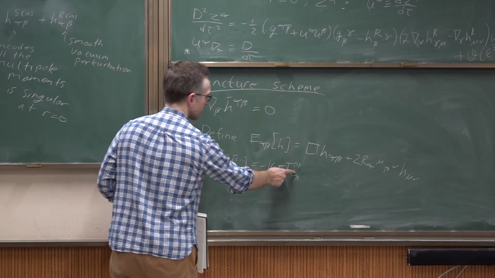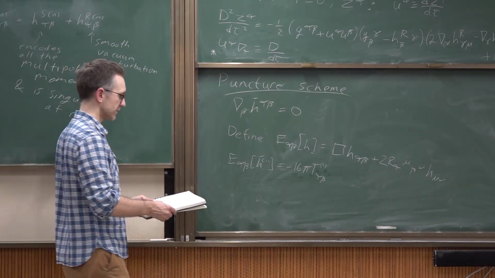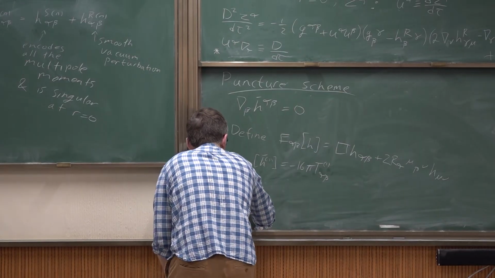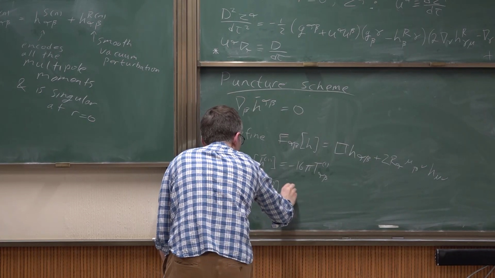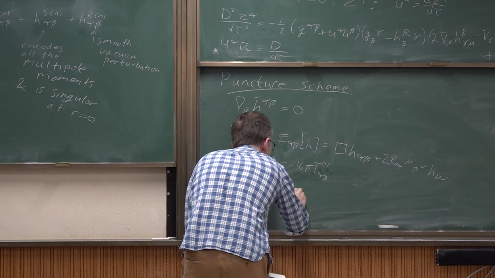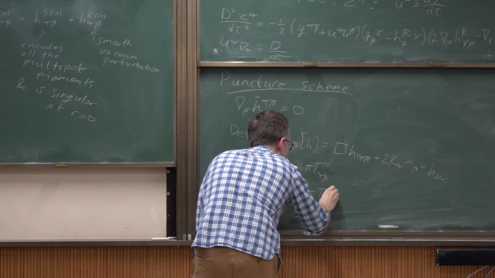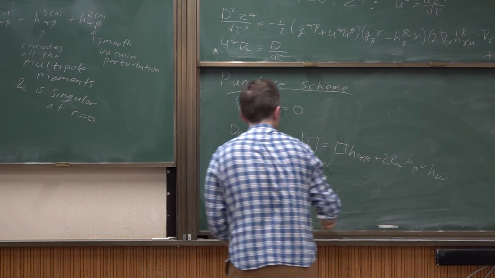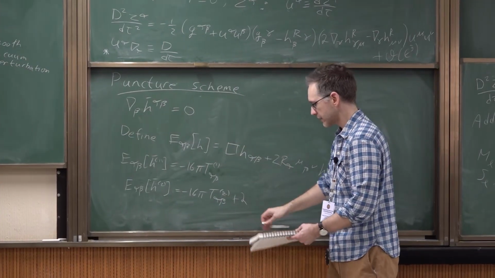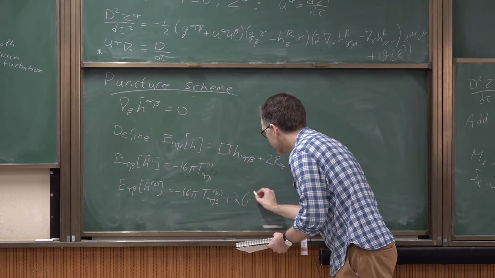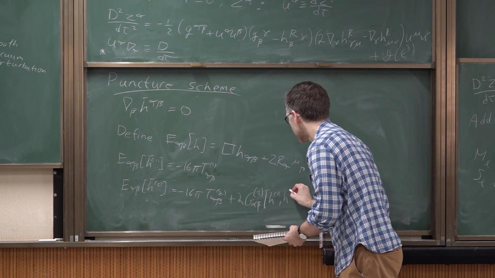So this is now a point particle in the background metric, not the effective metric. That's what T1 is. And then we've got a second order equation. The box of h bar 2 is minus 16 pi T2 alpha beta plus the quadratic term, which because of the missing minus a half here is now plus 2 G2 alpha beta h1 h1.